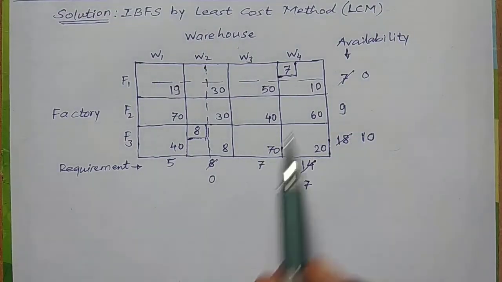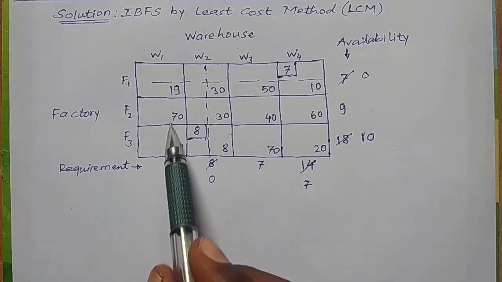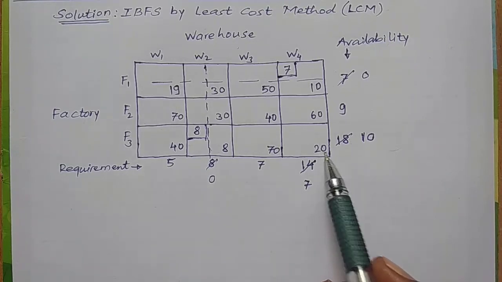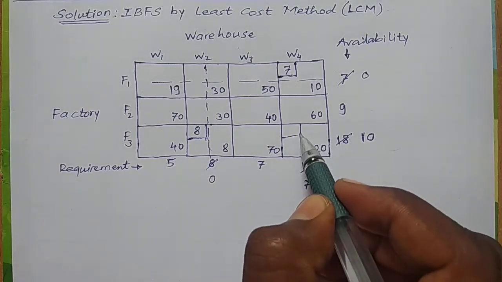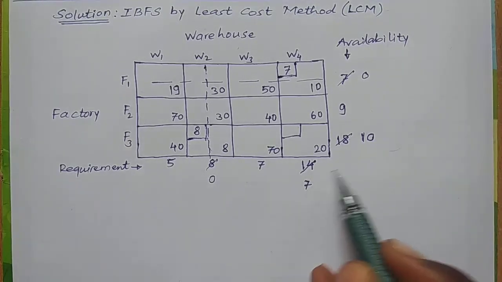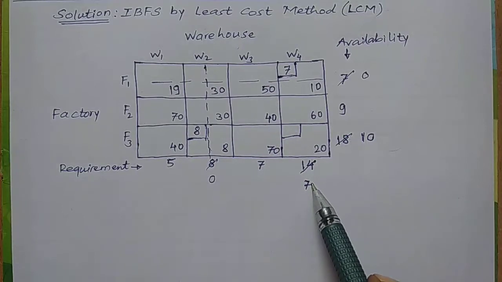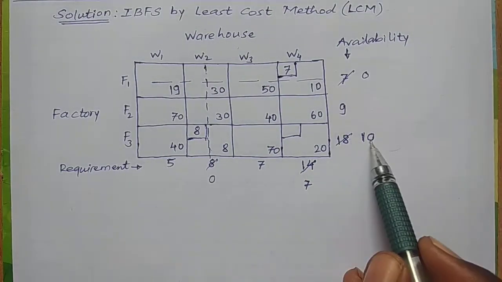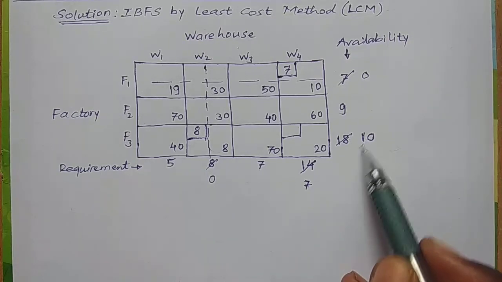Now again observe, where is the minimum cost in the given table? If you observe, the minimum cost is 20. Now look at the availability and requirement. The requirement for this warehouse is now 7, but the availability possible is 10. So we can allocate the minimum of these two.